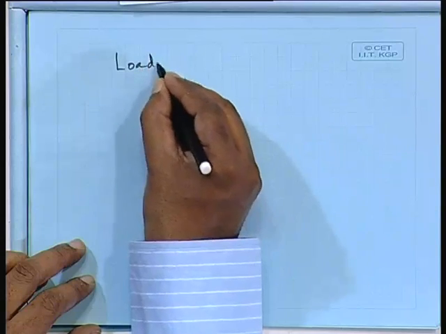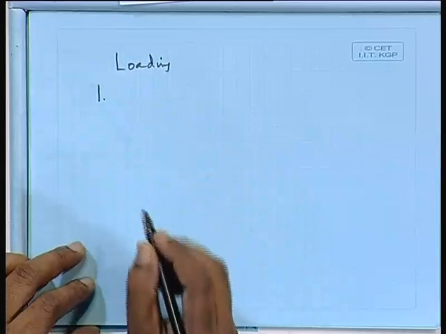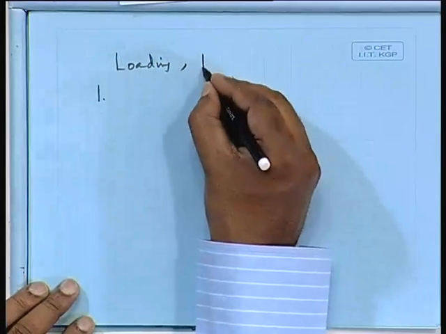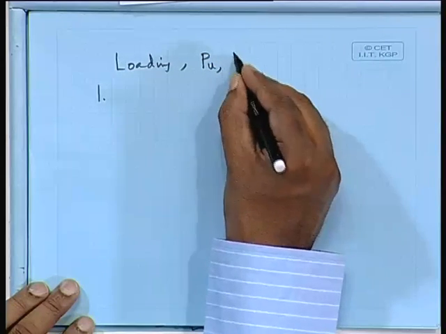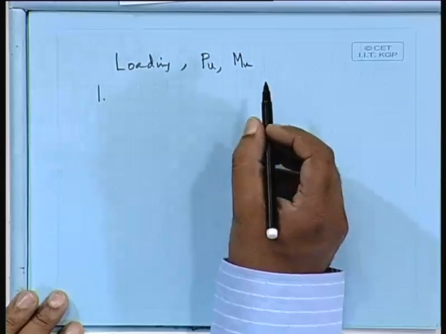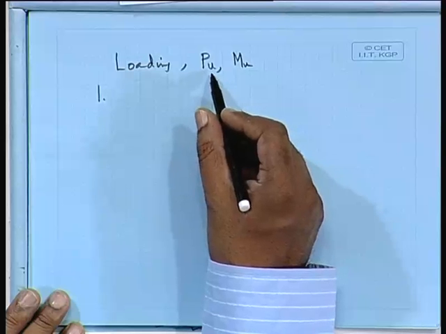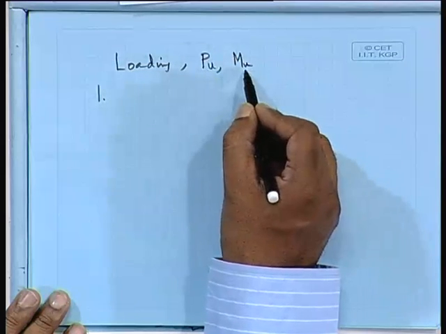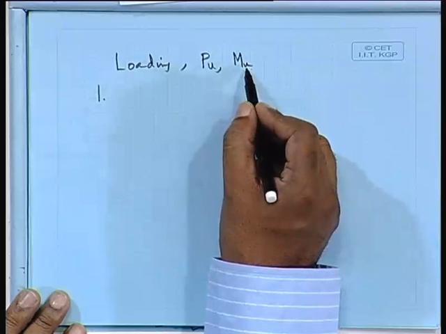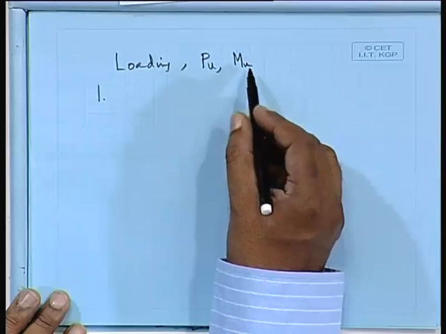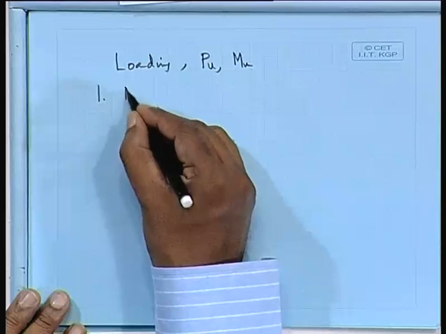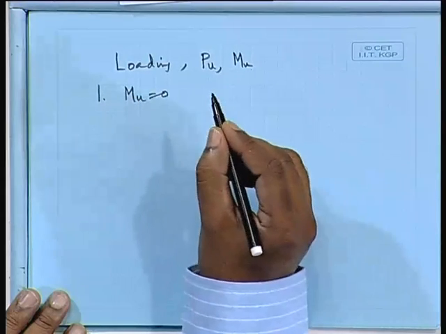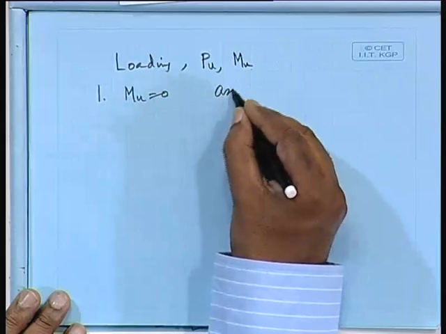Now, how many cases do we have? Depending on the loading, what are the loadings? We have PU and MU, where MU is the ultimate moment and PU is the design axial load. To design this, we have to provide a section. One case is MU equal to 0, that means axially loaded.